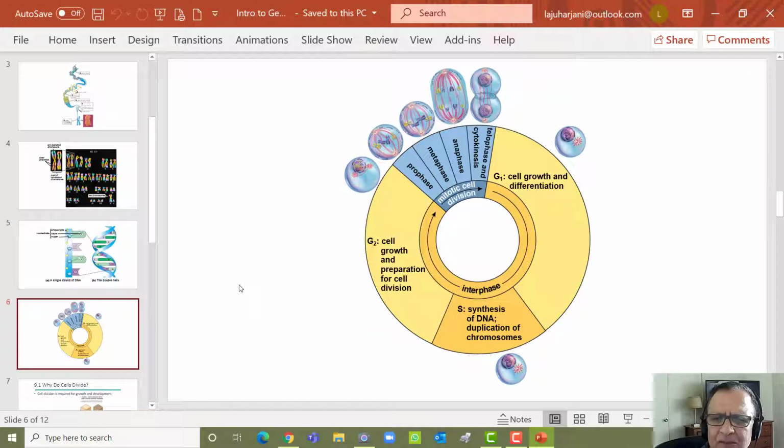So when the cells actually divide, they go through the process of mitosis, and the mitosis breaks up or distributes the nuclear material into two separate sections, and those go to the two new cells that are formed. We're going to go into more details about this later on, okay? So no need to worry about that for the time being.